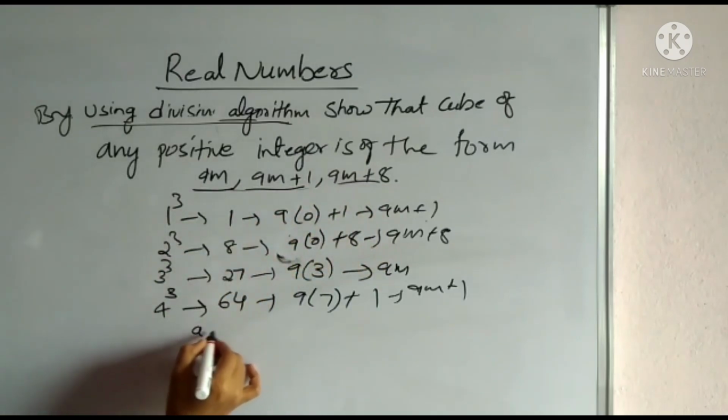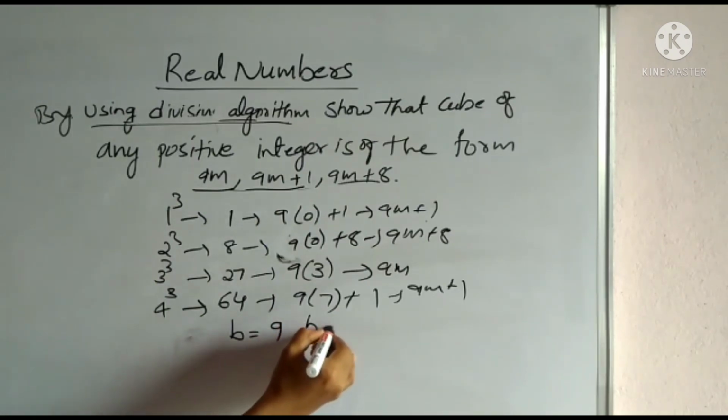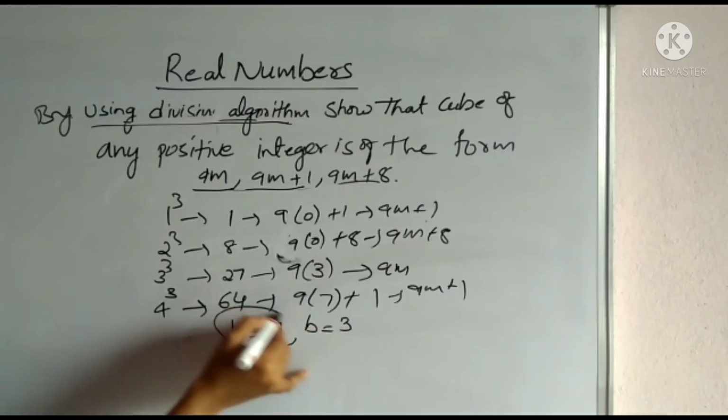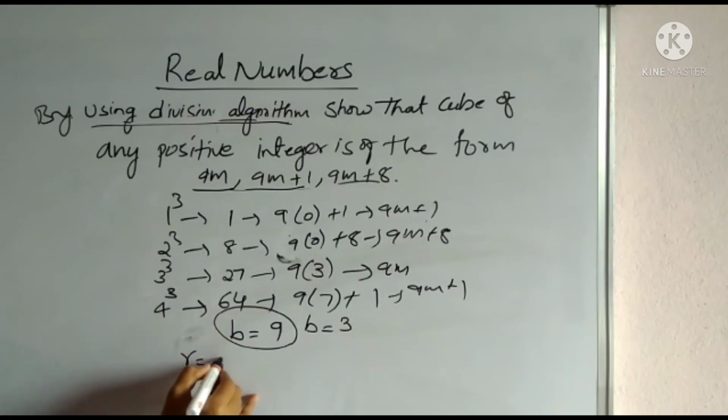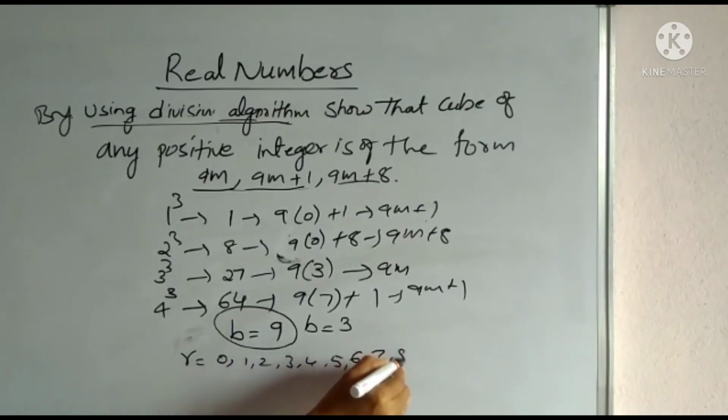So actually the student would want to take b value as 9, right? But here in this problem we will take b as 3. Why? The reason is, if we take b as 9, then the possible r values are 0, 1, 2, 3, 4, 5, 6, 7, 8, right?